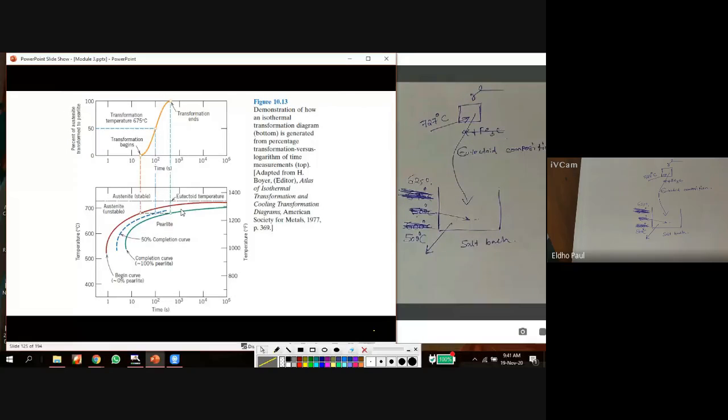Okay, so the first microstructure change is here, for example at 675 degrees Celsius.